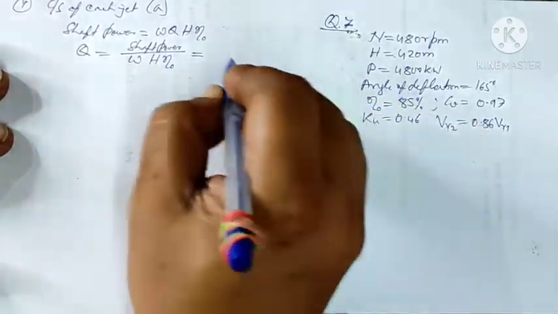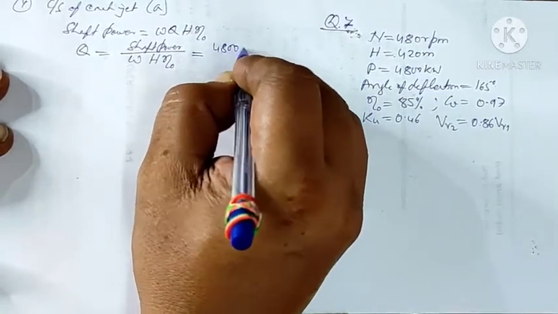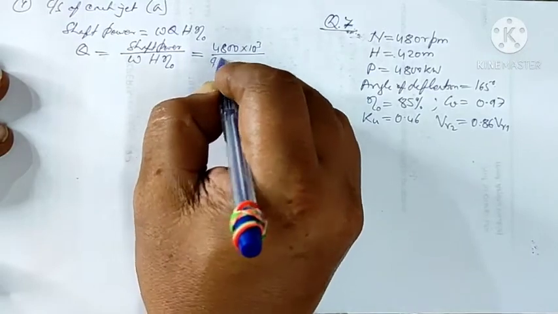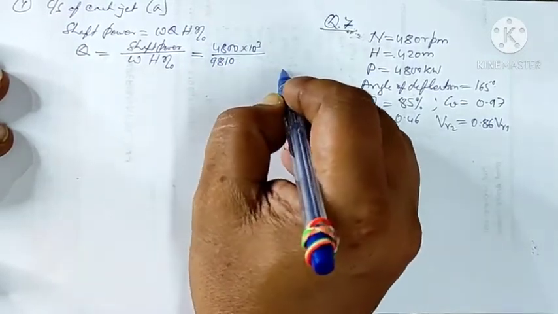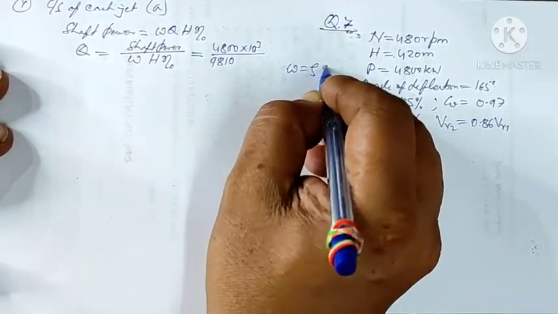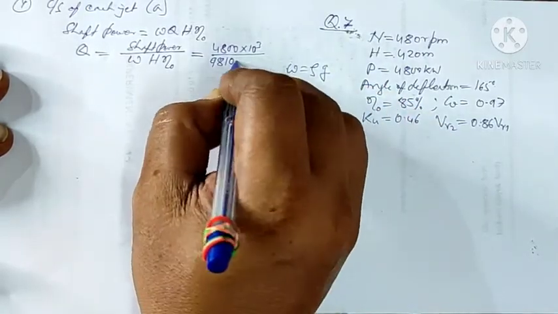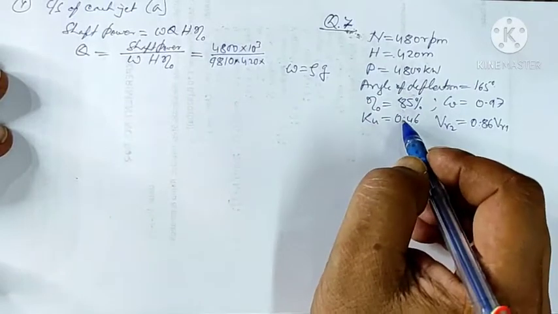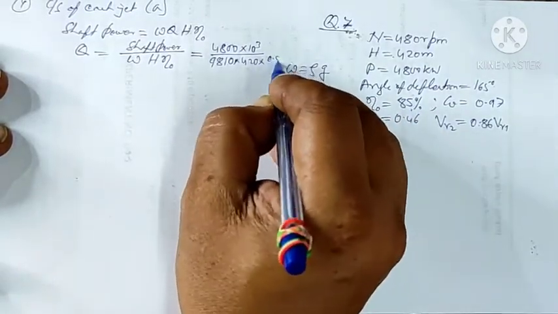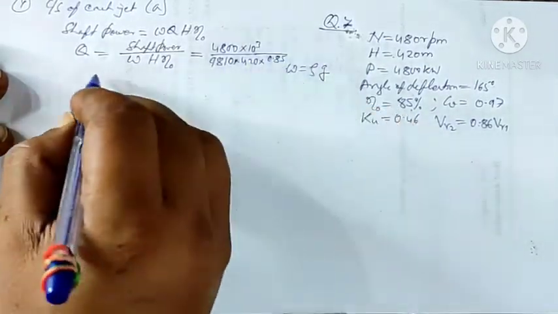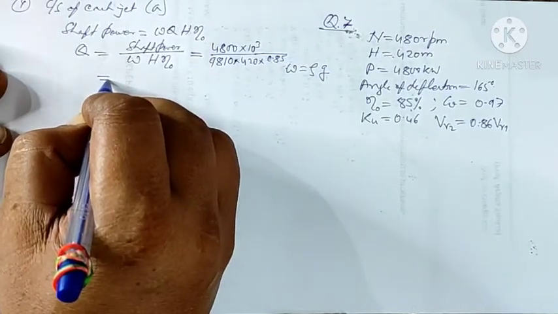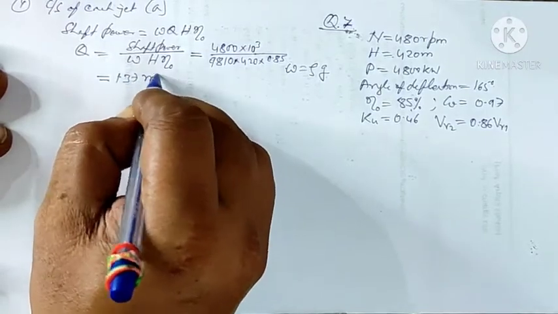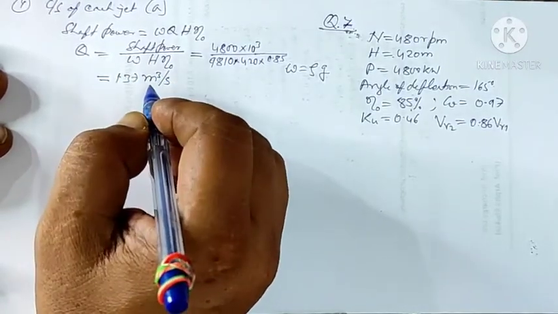The shaft power is given as 4800 into 10 to the power 3, divided by W, 9810, that is W equal to rho into g, into H, given as 420, and overall efficiency is given as 85%, 0.85. So the value of Q comes out to be 1.37 meter cube per second.